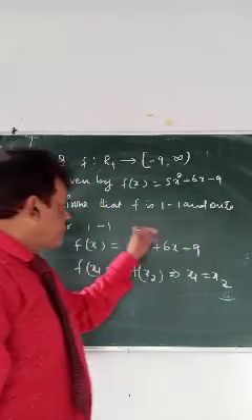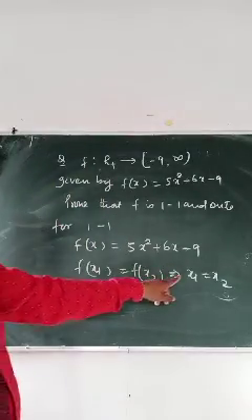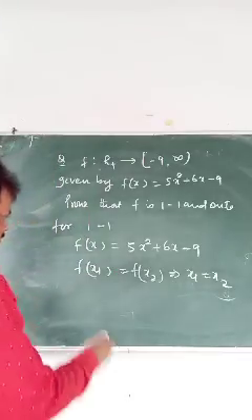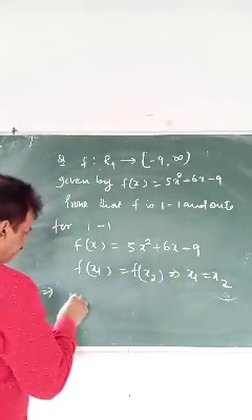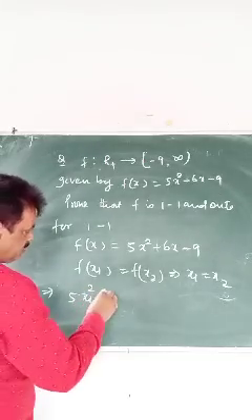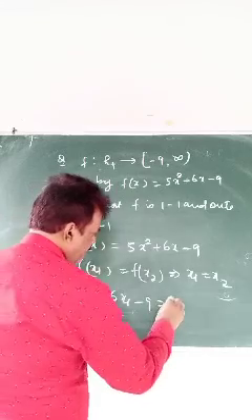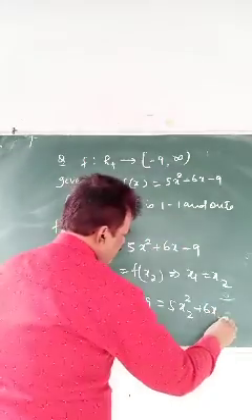This is how we'll prove one-one. You'll take f(x1) equals f(x2), and you'll prove x1 is equal to x2. So how to prove? Just start here. Replace x by x1: 5x1 square plus 6x1 minus 9 equals 5x2 square plus 6x2 minus 9.